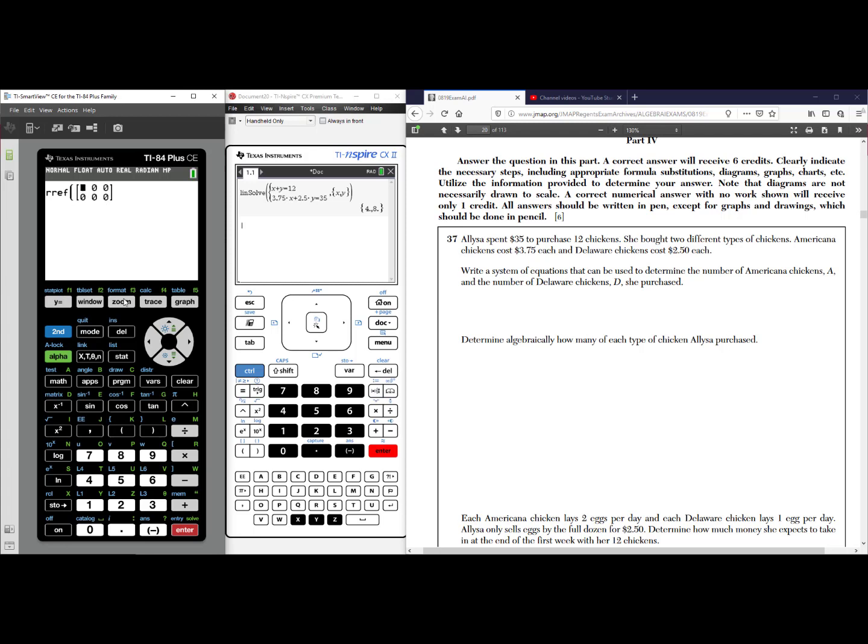Put in our coefficients. 1x, 1y equals 12. $3.75, $2.50, and a total of $35 was spent. When we press enter, x equals 4, y equals 8 is our solution.